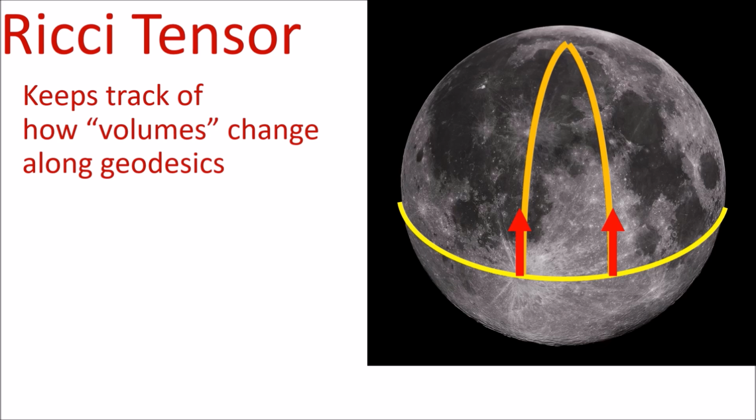Because of the curvature of the moon's surface, these two people will naturally get closer and closer together until they meet each other at the North Pole. And if we imagine a circle sitting between them, this circle will get smaller and smaller as they each move farther and farther along their geodesics. So in some sense, the change of the size of this circle, given by the Ricci tensor, represents how quickly these two people get drawn together.